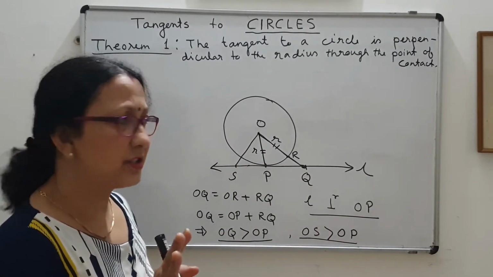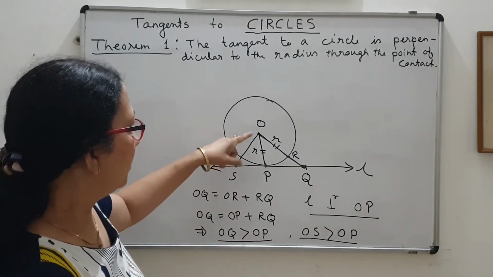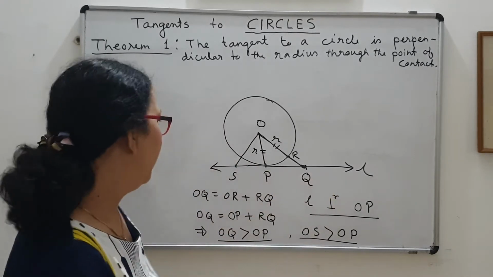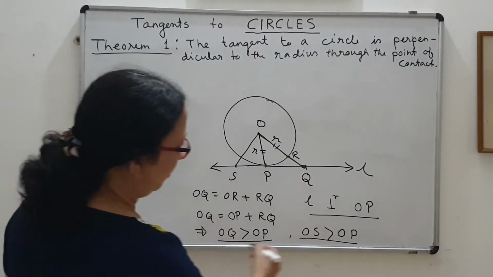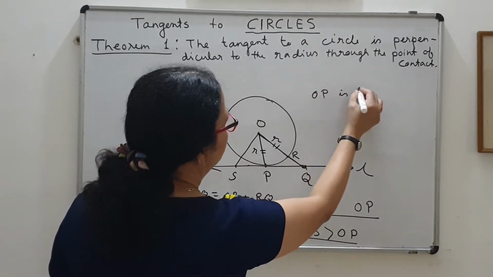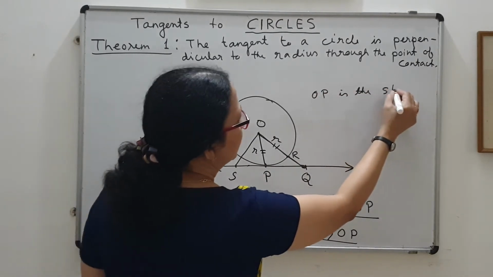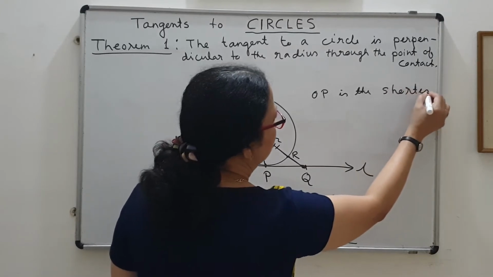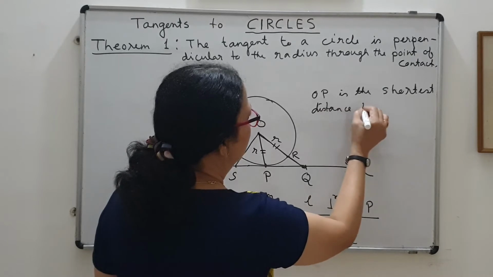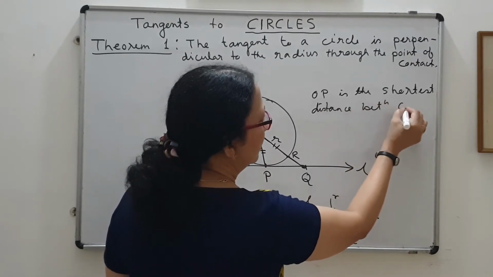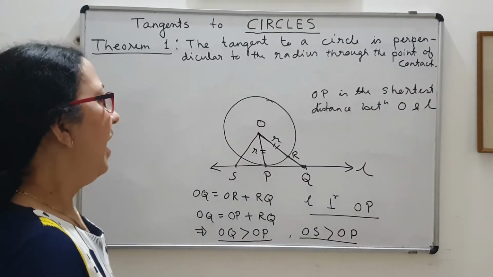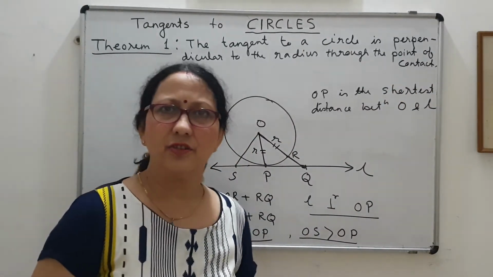OP is the shortest distance between the center of the circle and the line L. So from observing this we say that OP is the shortest distance between the center and the tangent L. And we know the perpendicular distance is the shortest distance.